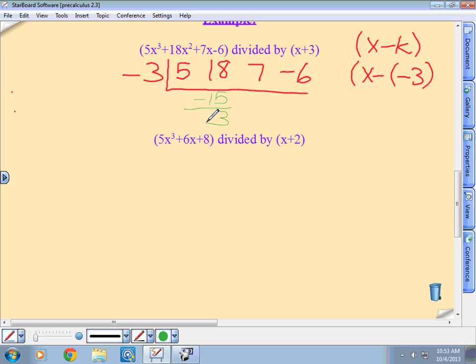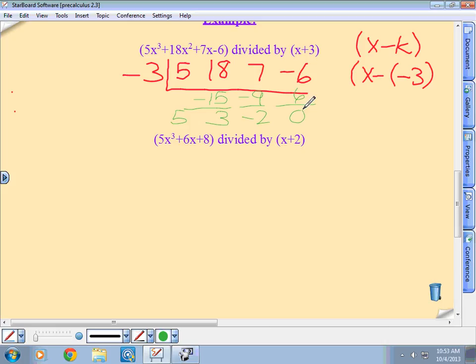By the way, for our 5 there was nothing to multiply. The first one just comes down. So 3 times negative 3 is negative 9. What does that leave us? Negative 9 plus 7 is negative 2. Negative 3 times negative 2 is 6. And 6 minus 6 is 0.